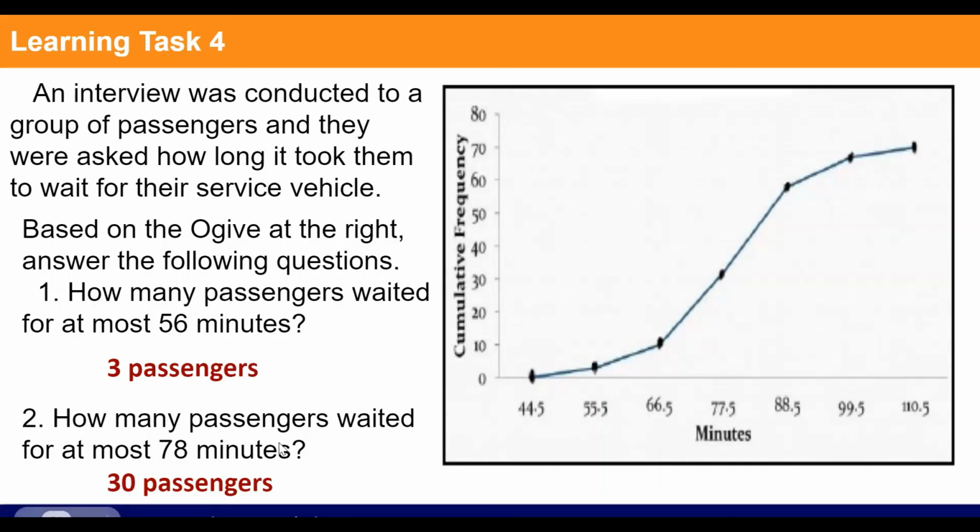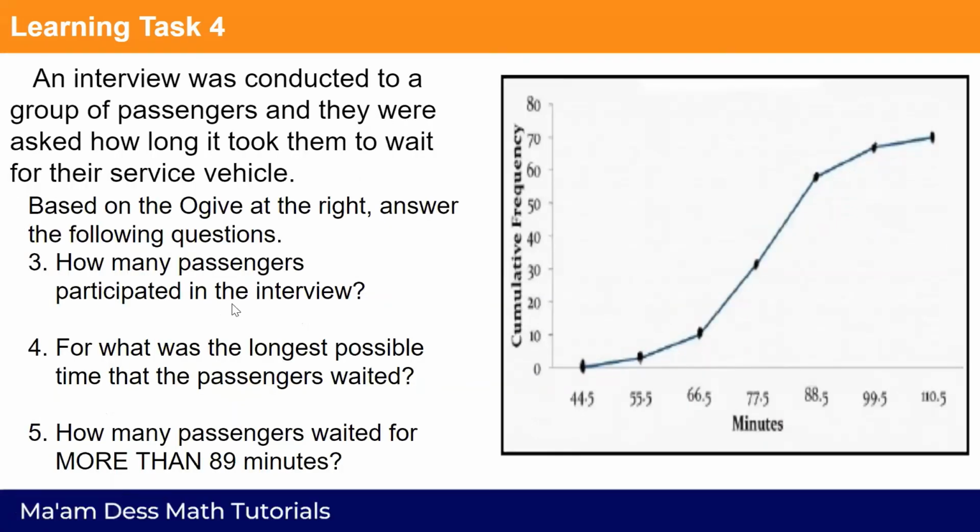Next, how many passengers waited for at most 78 minutes? So, dito ka po titingin. 77.5, so, almost 78. So, we have 30 passengers. And number 3, how many passengers participated in the interview?